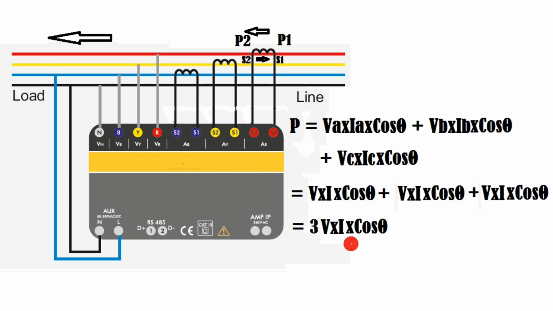In this case, the wattmeter will show a positive reading, and the reading will be 3 times the voltage of each phase, current of each phase, into power factor. That is 3 times V into I into cos theta, since the current is flowing from P1 to P2 direction, or power is flowing towards the load.